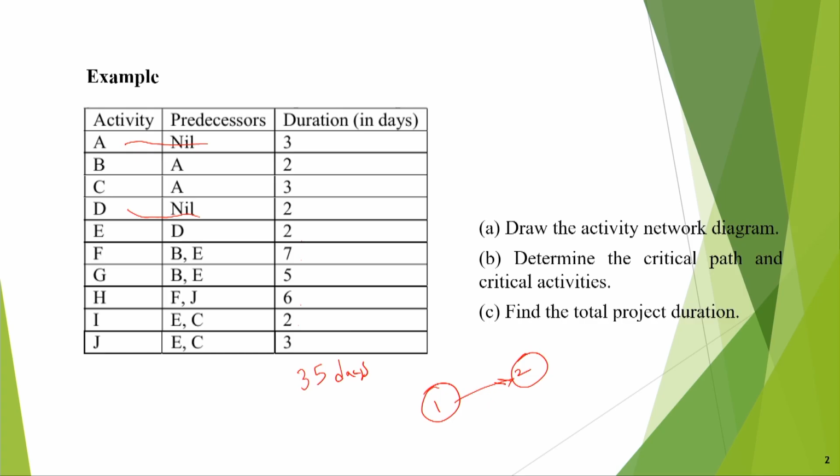So, we have to draw the activity network diagram, you have to gain confidence in that, then determine the critical path, and all activities which are in the critical path are called critical activities. So, once you know the critical path, you can know the critical activities also, and then find the total project duration. As I told, most likely the project duration is of course less than 35. That has to be found.